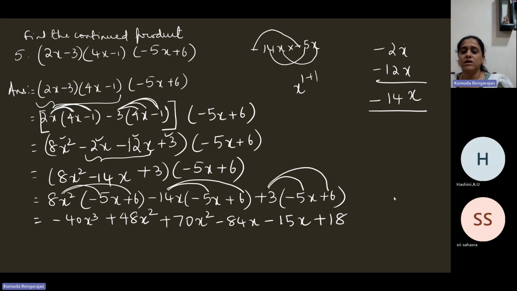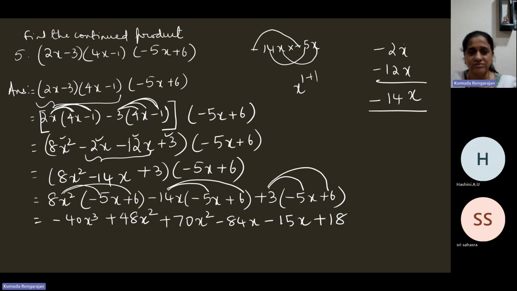Very good. Now Hasini, this is what I was telling you. Once you do this, multiplication is over. After this step, you have to collect the like terms and add or subtract them depending on the signs. If the like terms have the same sign, add and put the same sign.